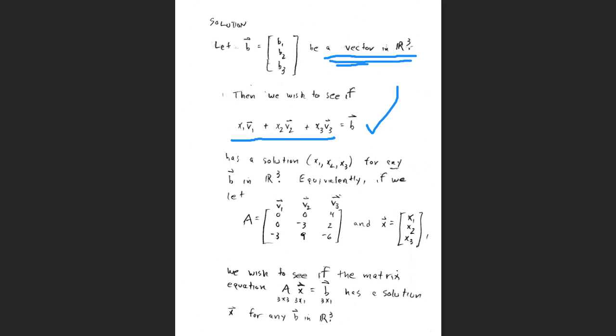If any vector B in R3 can be written as some linear combination of the vectors v1, v2, and v3, then that means this vector equation here would have a solution x1, x2, x3 for any vector B in R3.